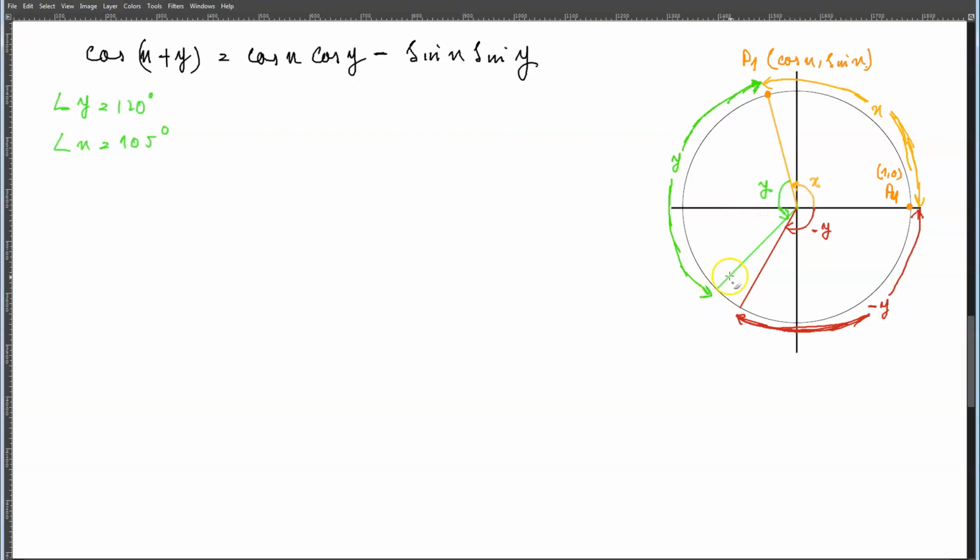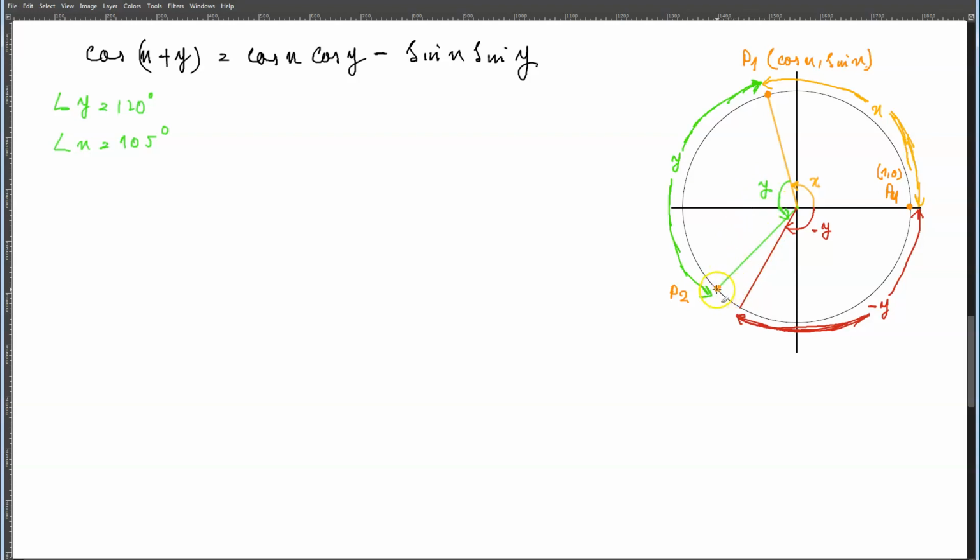I have another point over here, let's call it P2. The coordinates of this point: this angle over here is nothing but x plus y, right?